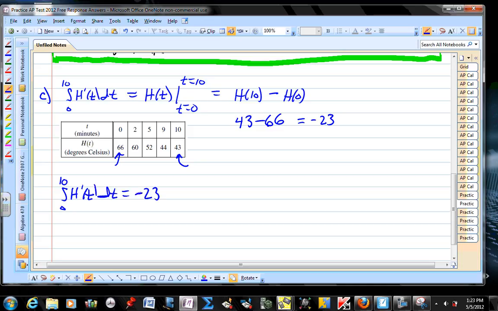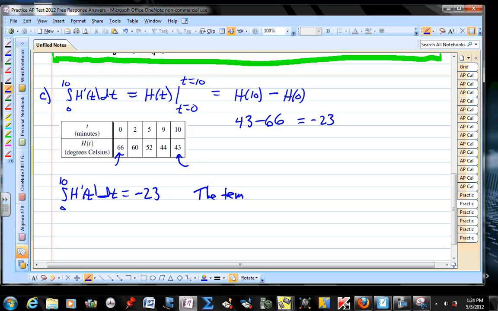Now what does that mean in the context of this problem? Well, h prime is a rate of change of the temperature. So the integral of h prime will be the total change of temperature. So we can say the temperature changed by negative 23 degrees, or the temperature decreased by 23 degrees.